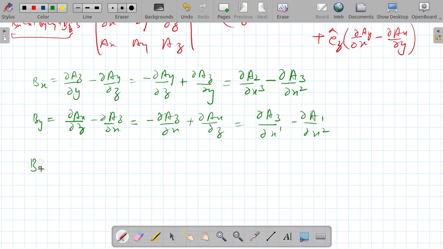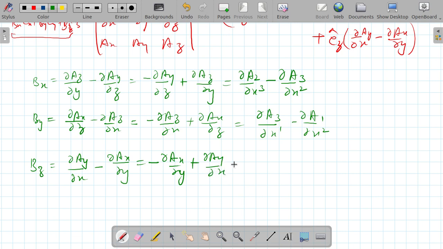And this Bz can be written as ∂Ay/∂x minus ∂Ax/∂y, which is equal to minus ∂Ax/∂y plus ∂Ay/∂x, and this can be written as ∂A2/∂x1 minus ∂A1/∂x2, and this is equation number 4 overall.